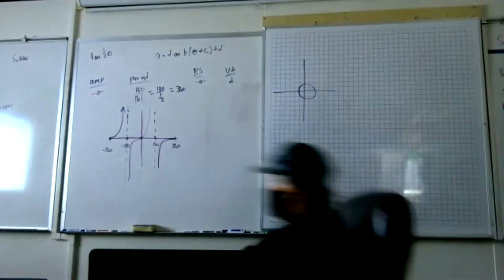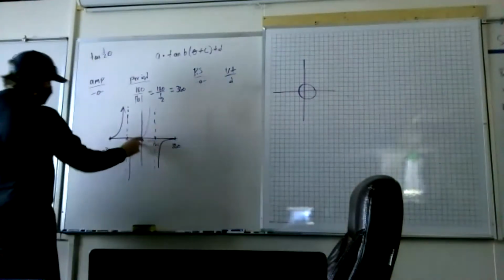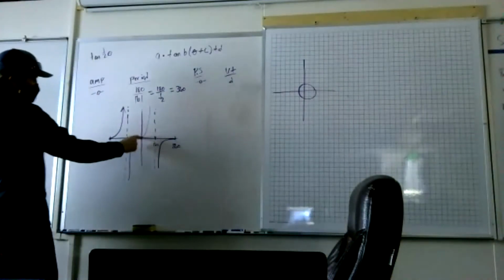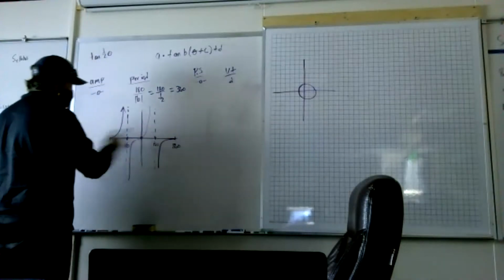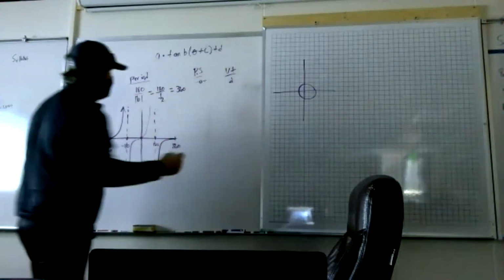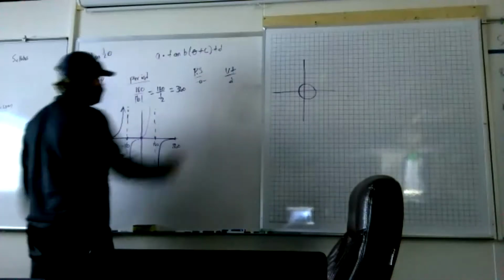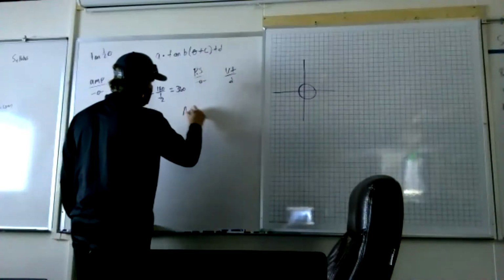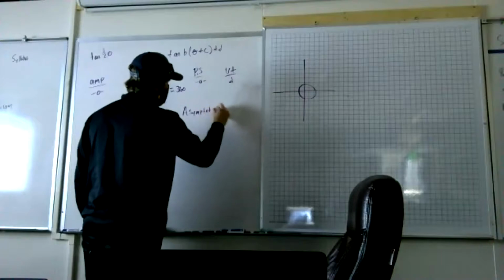To find your x-intercepts, you always take 0 plus the period, however far. That gives you the location of your x-intercepts. For your asymptotes, there's an easier way to find it, because I didn't write it down. I went over it fast.